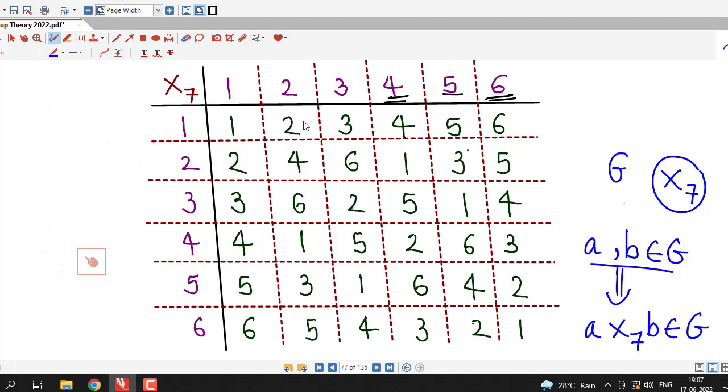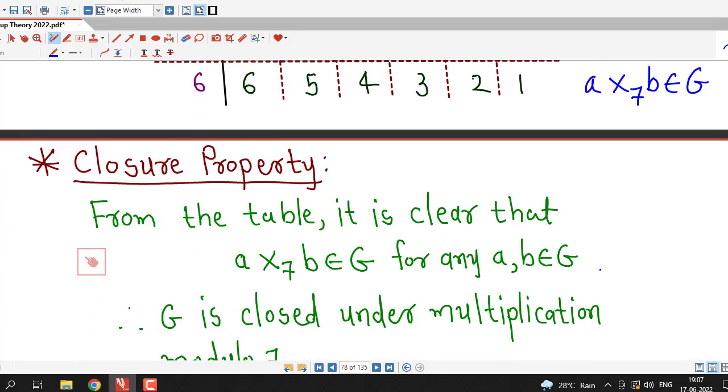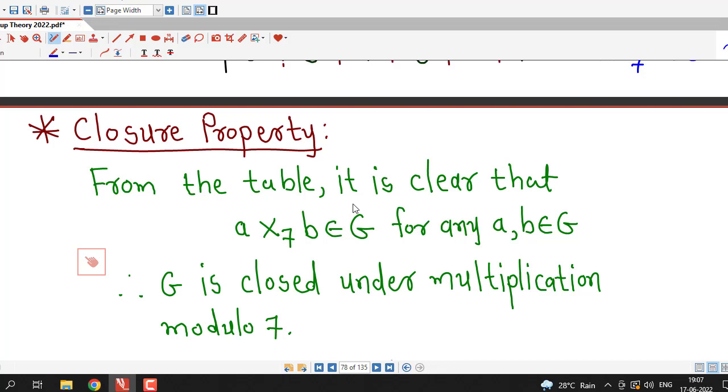We can observe all the entries in the table, and we find that all the entries in the table are also in the given set G. Therefore this closure property is satisfied. So first I have written this closure property. From the table it is clear that a multiplication modulo 7 b belongs to G for any a, b belonging to G. Therefore G is closed under multiplication modulo 7.